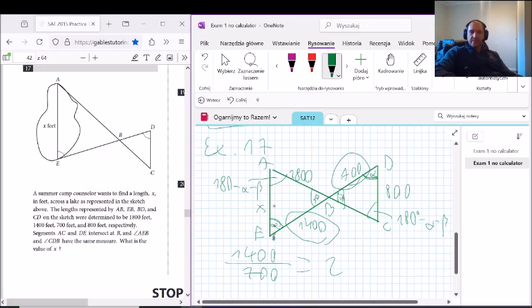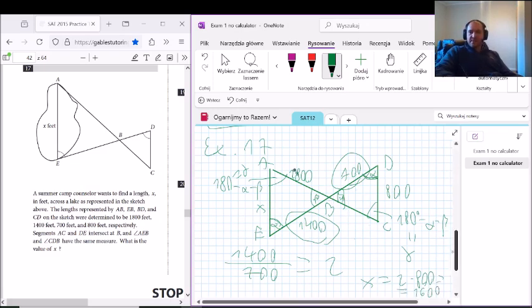Here is x. So AB is a side that is corresponding to CD because it is between alpha and, I will call it just gamma. And the same here, alpha and gamma. So the sides between corresponding angles are corresponding sides, which means that x equals 2 times 800, which is 1600, and that's the answer.